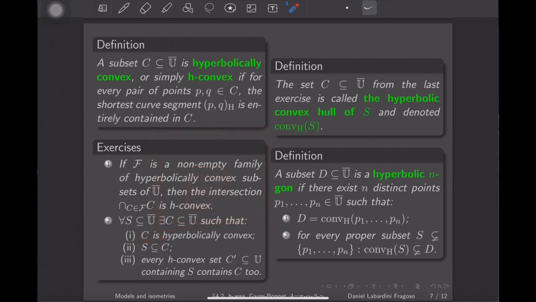So it's like a minimum hyperbolically convex set containing S, like an envelope or a convex hull.